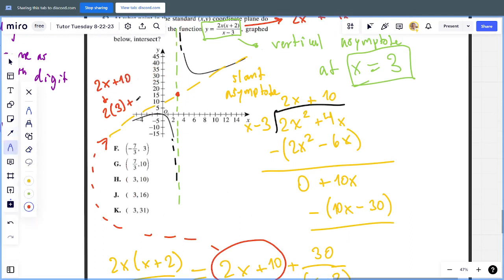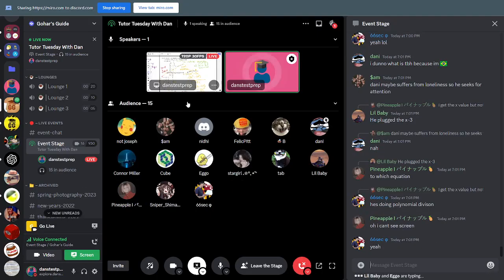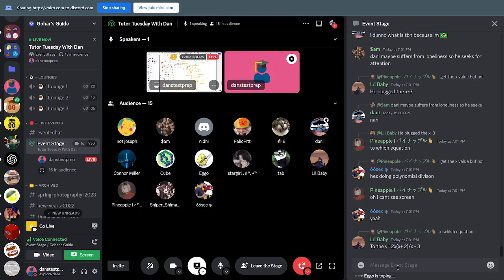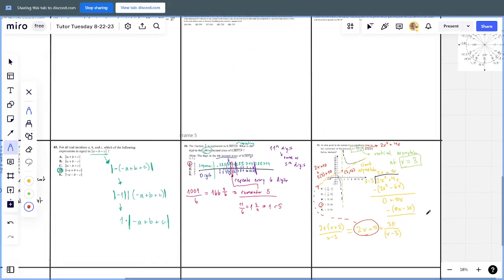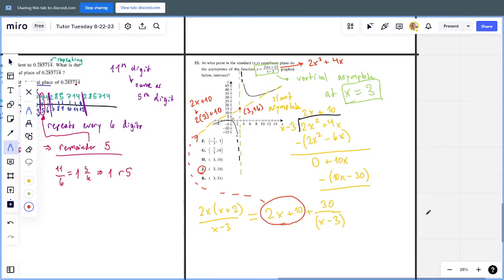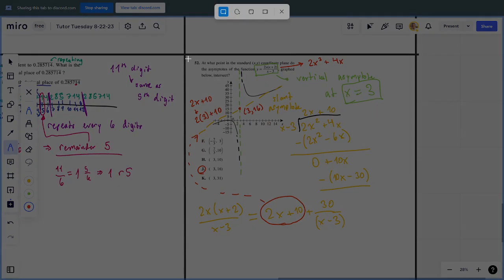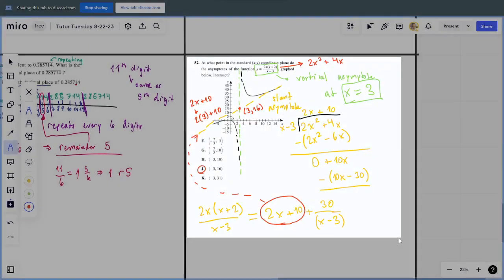So 2x plus 10, or 2 times 3 plus 10, gives us 16, so this point is located at 3, 16, which has got to be answer choice J. That makes sense? I'll post this PDF in the chat afterwards if you guys want to review it. I know some people can't see the problem.